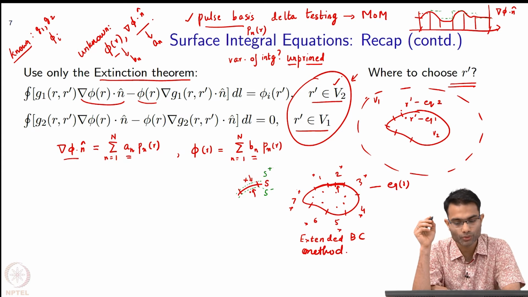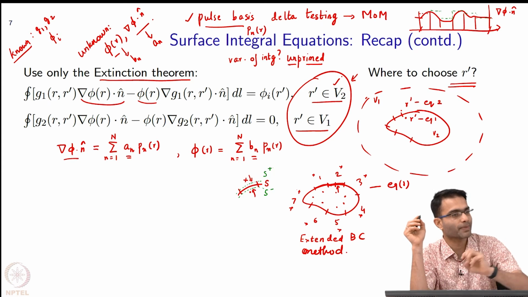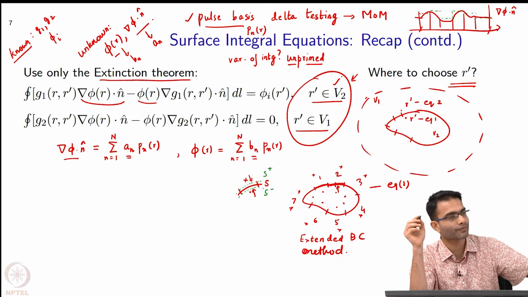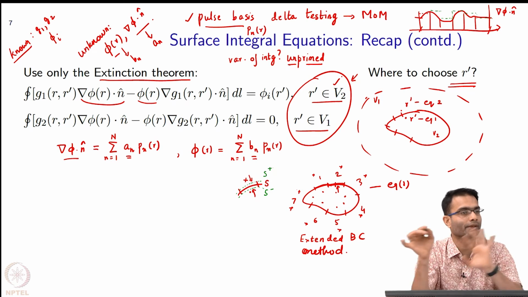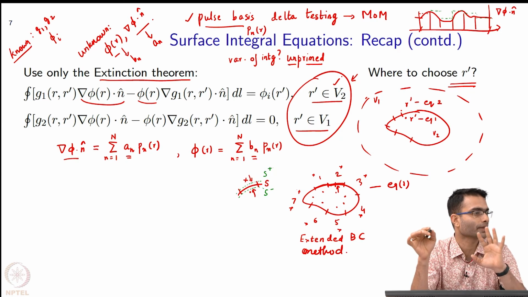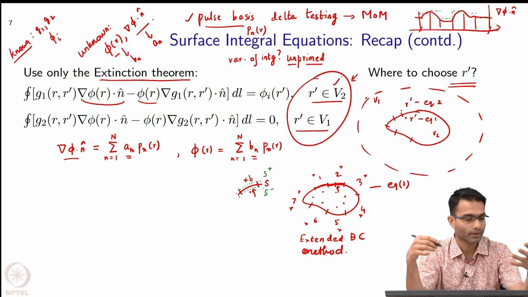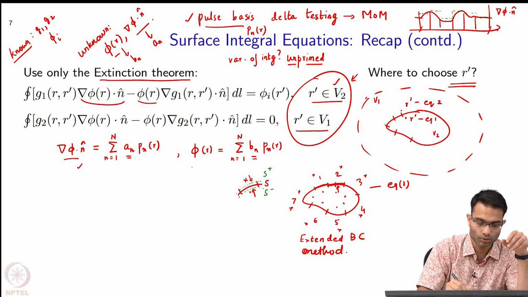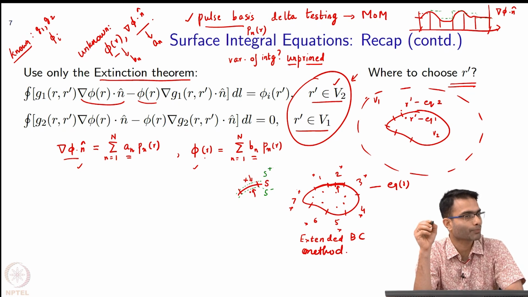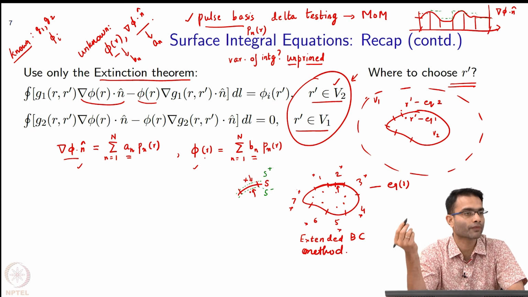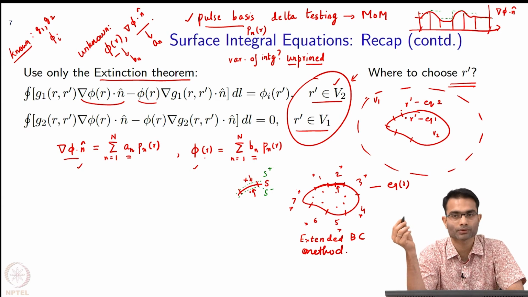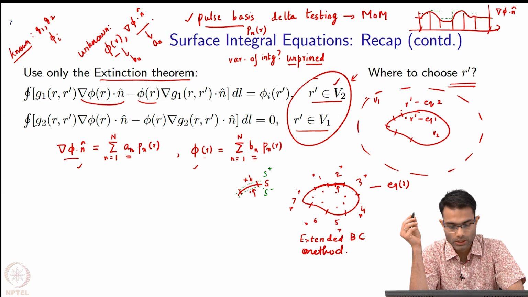So, what I am going to do is, if I choose these points basically to be the midpoints of the segments, then I have a very clear unambiguous way of specifying how to solve this problem, right. Pick these basis functions 1 and 2, pick the testing points to be the midpoints of each of these segments, just like how we had done in the first example on integral equations, right.